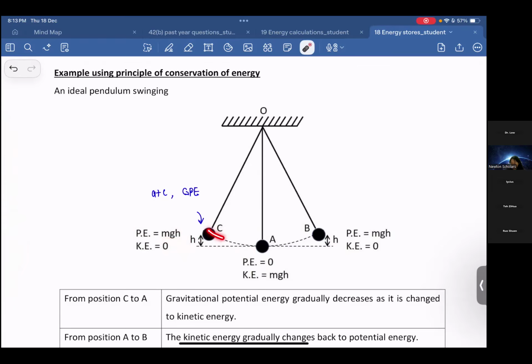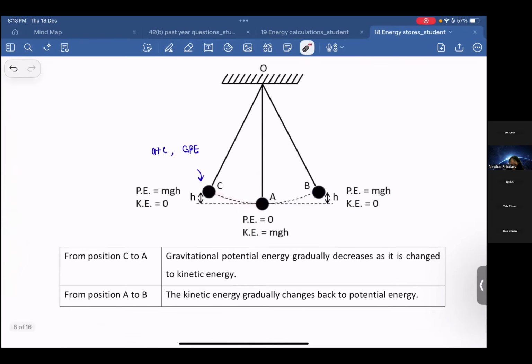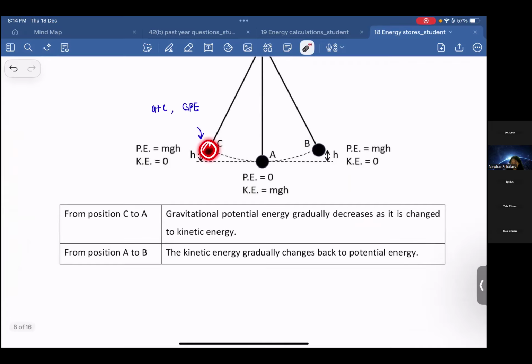But after that, it starts to swing. Your GPE will decrease because the height is going down, until here there is no more height, because we take this point as our starting position. Until this point, all the GPE is converted. What kind of energy do we gain? Kinetic energy.